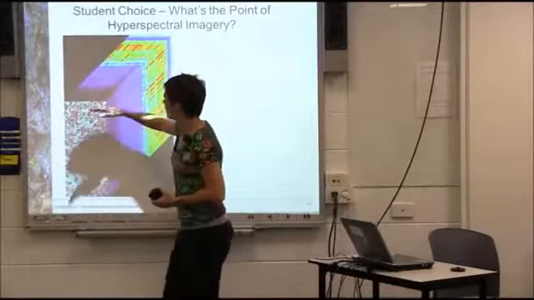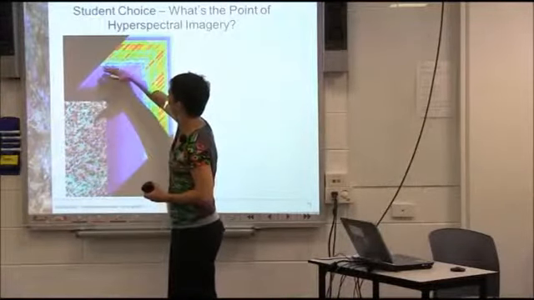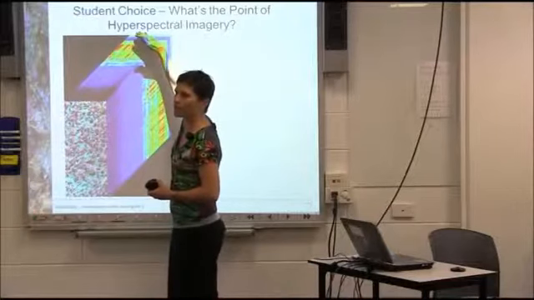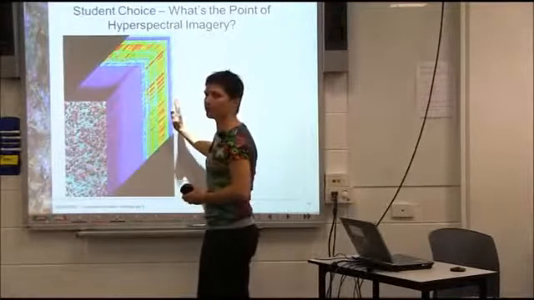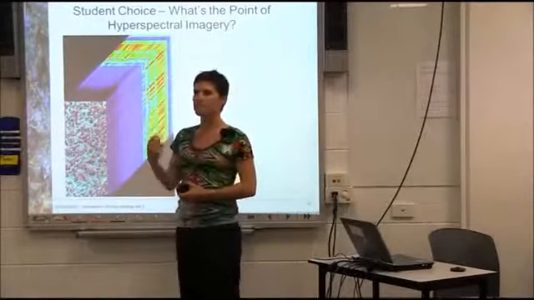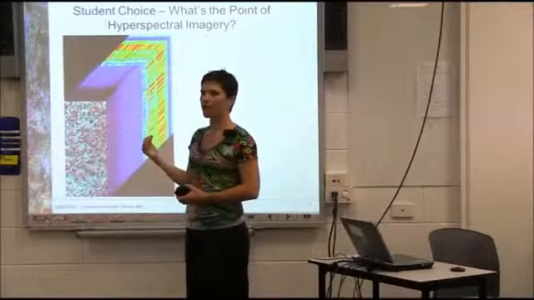So these wavelengths here would be the blues through to the greens, reds, and up into the near-infrared range, and same as we go this way. And then the amount of reflectance in those wavelengths is shown by the color.